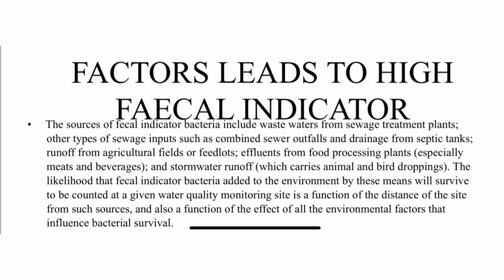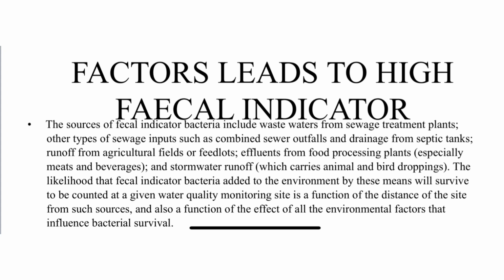And these microbes in water are challenged by extreme levels of some factors. You're going to see that high fecal indicator means fecal waste goes into the water and worsens it.